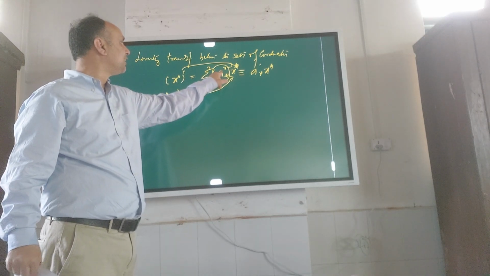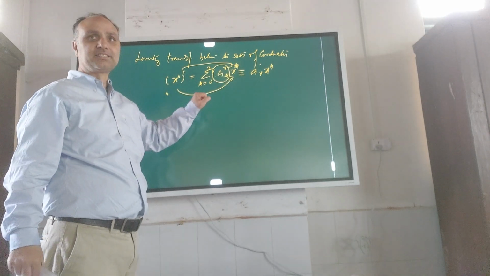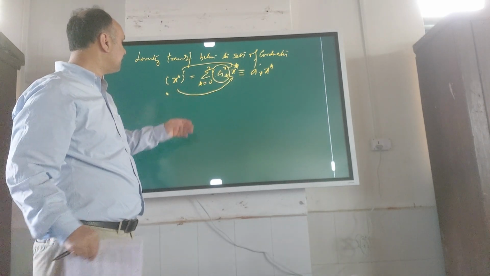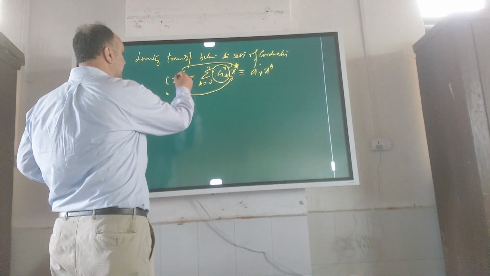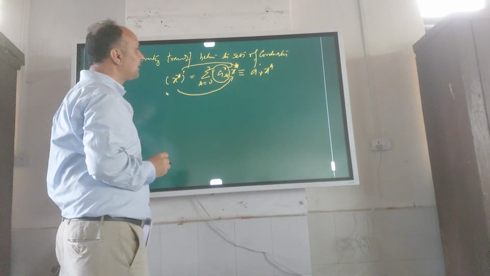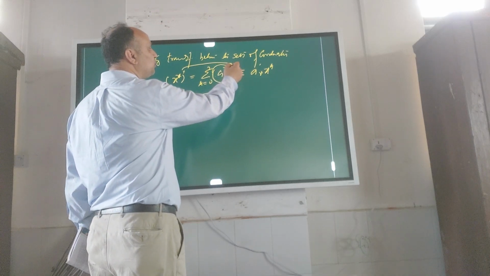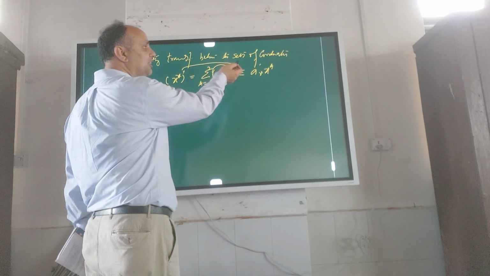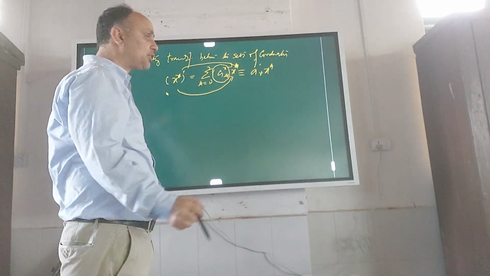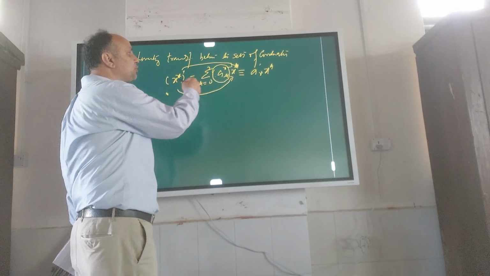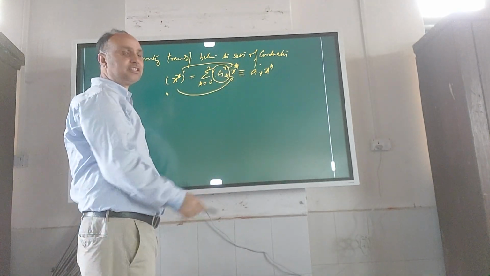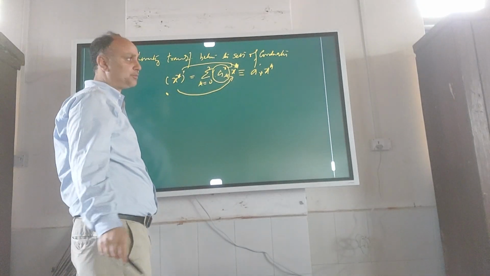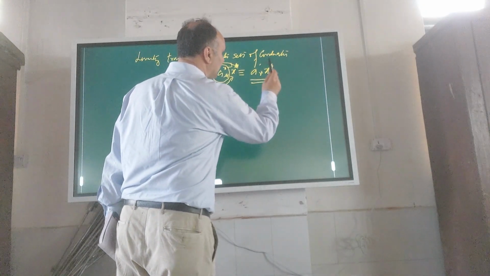Mu will contract with nu, and you get x mu prime related to A mu nu x nu. So this is how you can relate two space-time points via some transformation. This is a sort of matrix transformation.